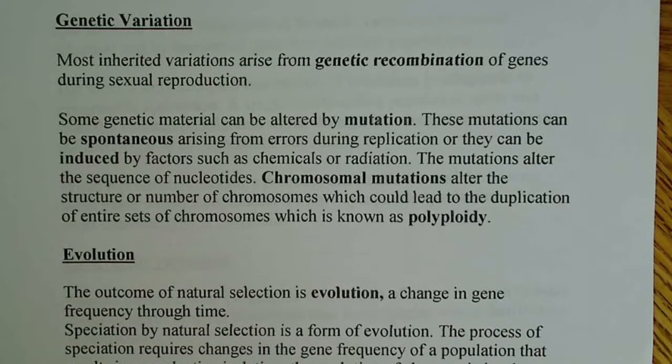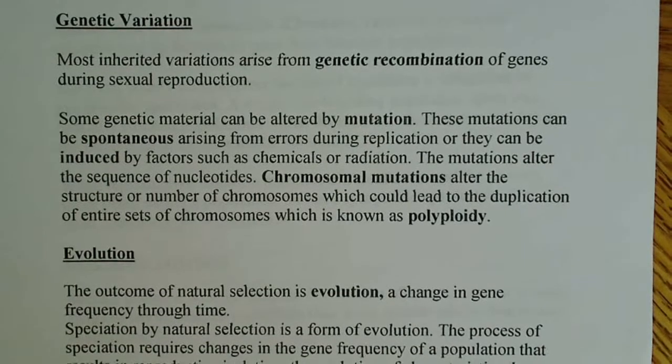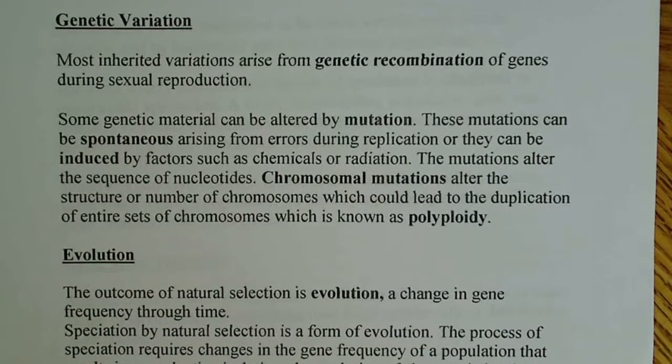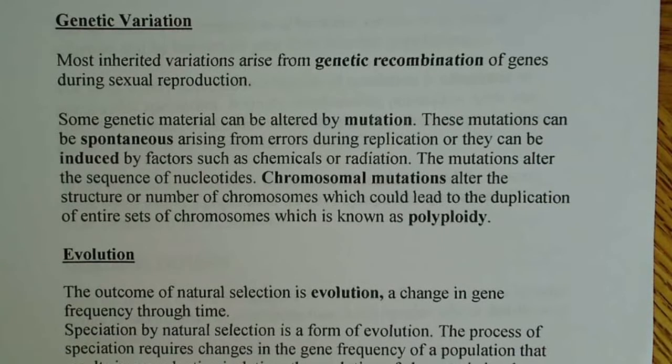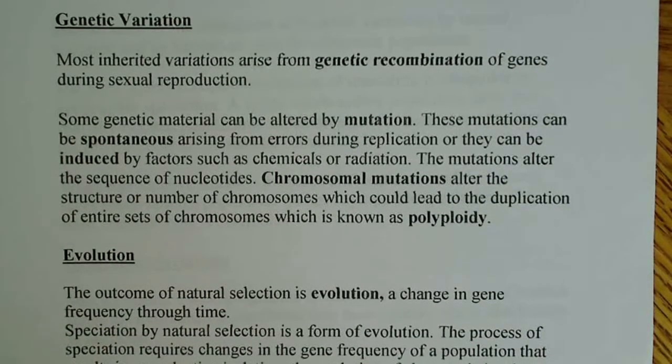Some genetic material can be altered by mutation. All right, so mutations happen, and they happen spontaneously a lot of times. That is errors in the replication of the DNA. DNA polymerase III, which replicates DNA, might introduce the wrong base at a certain point. And by a base, I mean adenine, thymine, guanine, or cytosine.